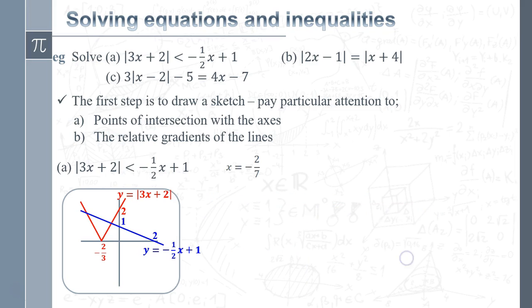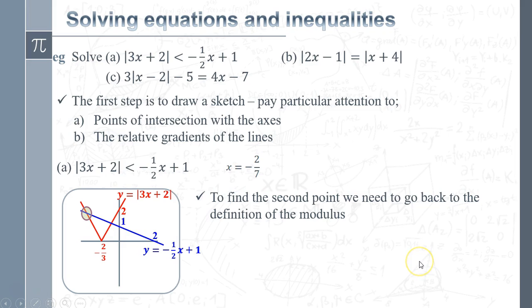The next thing we've got to do is think about this point up here. In order to find that point, we've got to go back to our definition of the modulus, and this is why I made such a thing about this definition in the previous video. Our definition says if x is less than 0, then mod x is minus x.